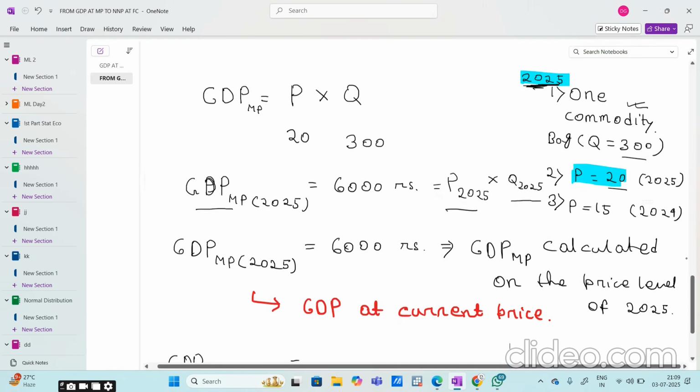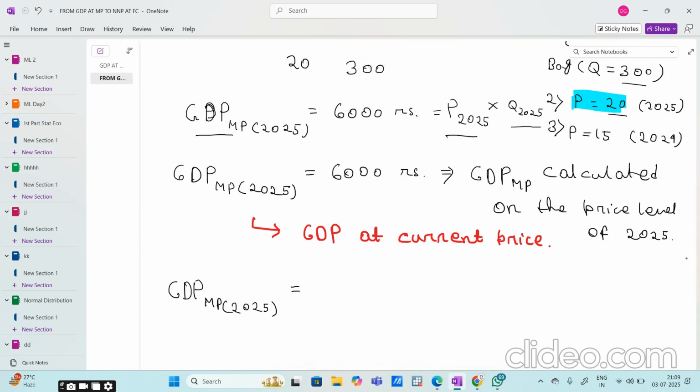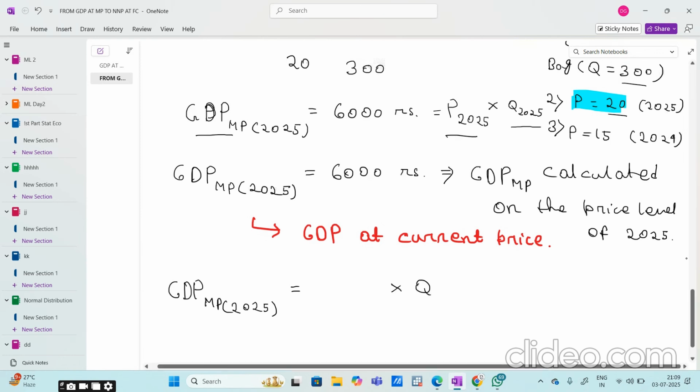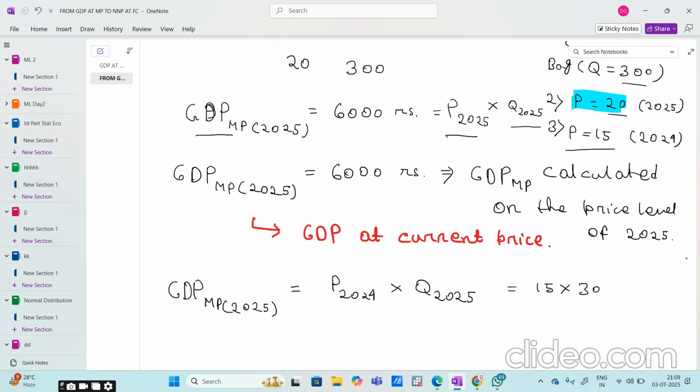Now if I just multiply the quantity of bags sold in 2025 with the price of 2024, then it will be 15, that is the price of 2024, into 300, that is 4500.